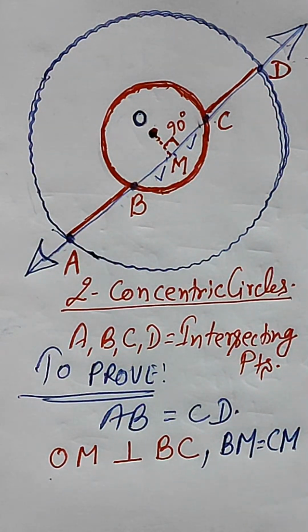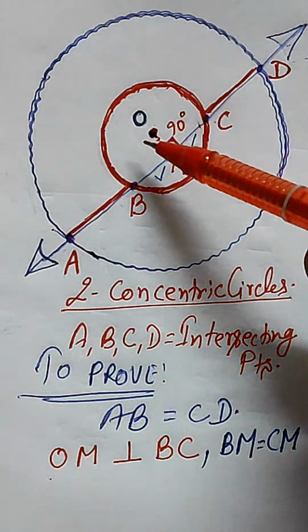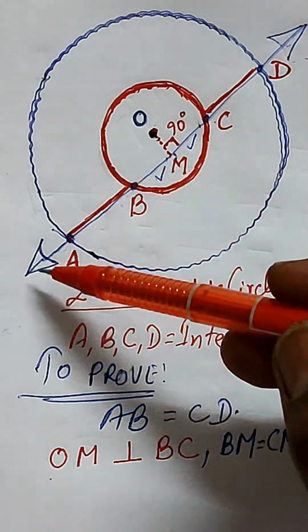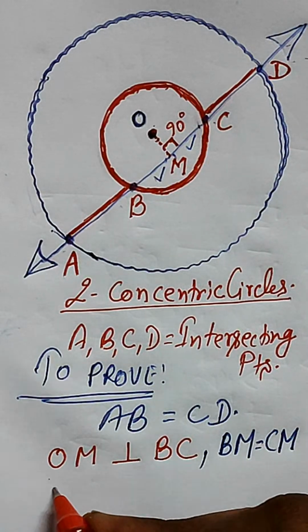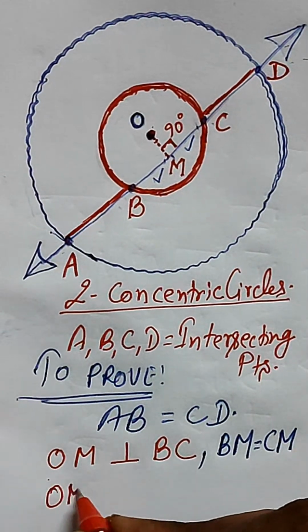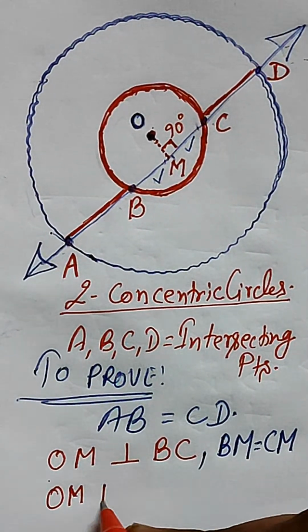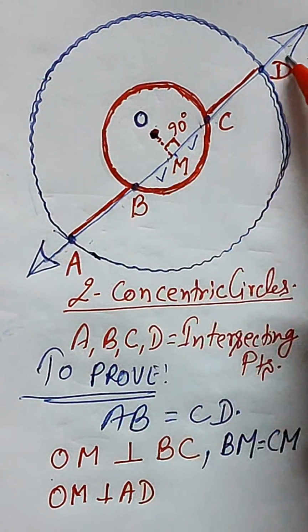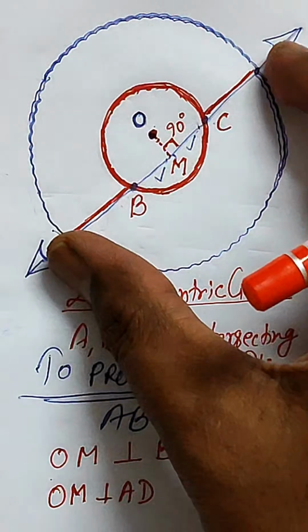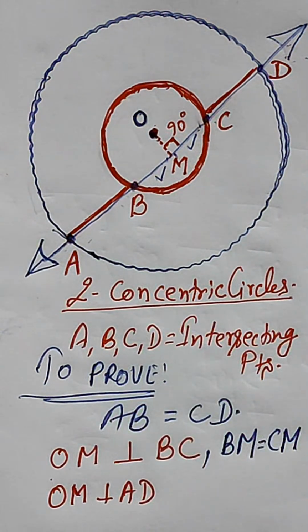Now similarly, this OM is perpendicular to AD also. Basically, AD and BC are the same line.